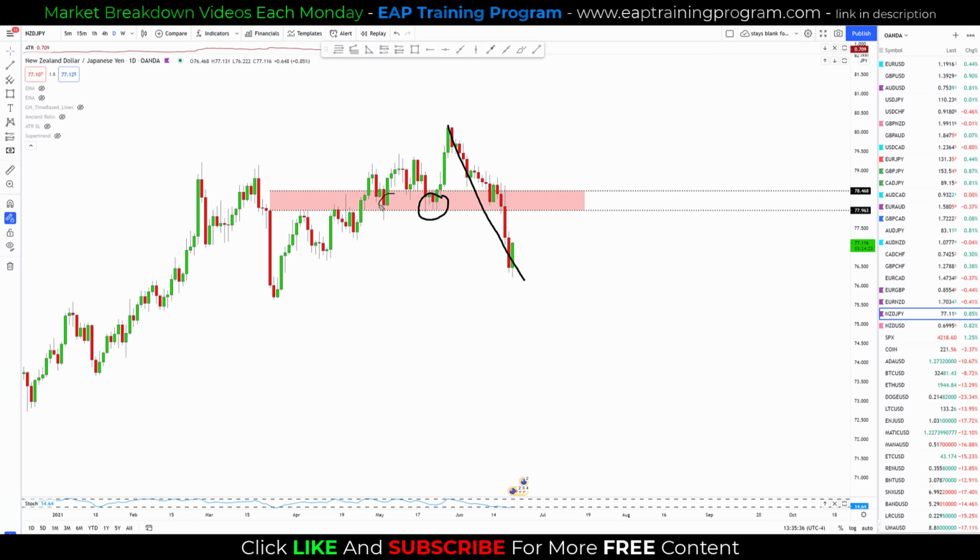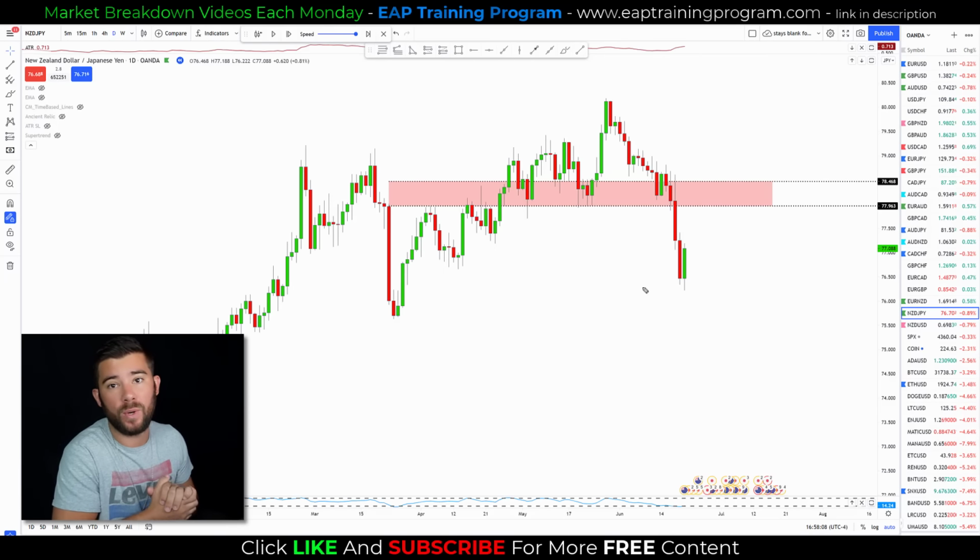Do I have an area that's been tested multiple times as support and resistance? If that answers yes, then we all know what that's called, right? That's our OTZ, or optimal trading zone. And with that being the case, what I do is I wait for the market to get back up to this area that's between 78.46 and 77.96, and I'll be waiting for the aggressive entry on the 4-hour chart.